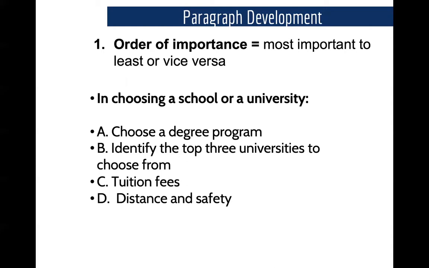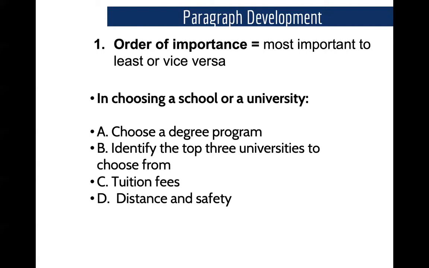One is choose a degree program. And then two, identify the top three universities to choose from. Look at the tuition fees and its distance or safety. So remember the cost of transportation. So that's why you need to consider distance.